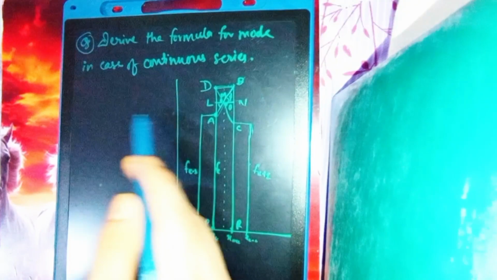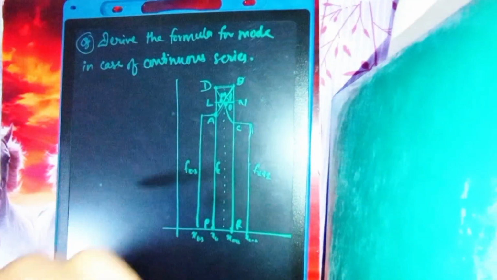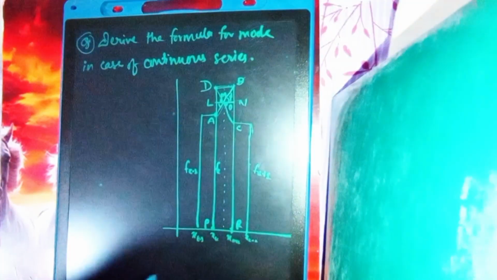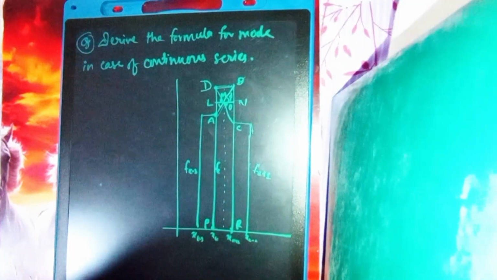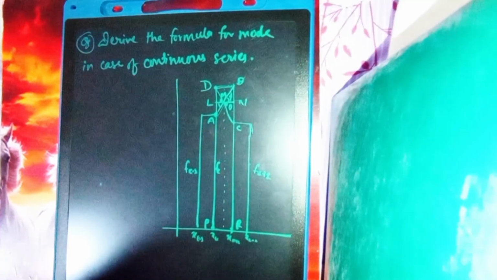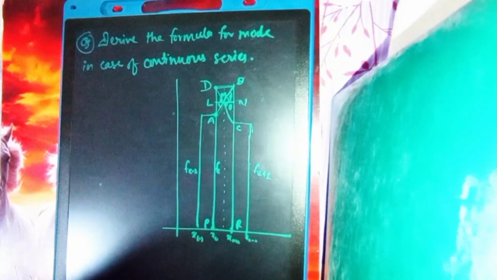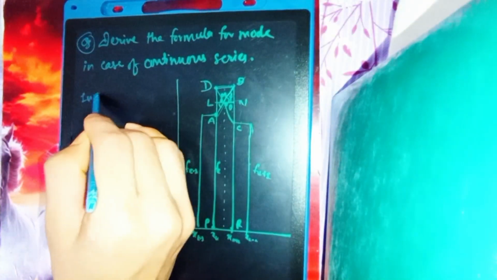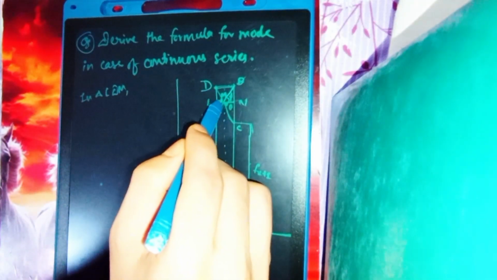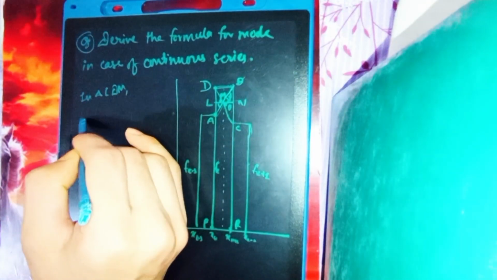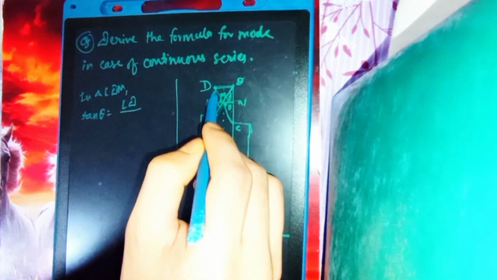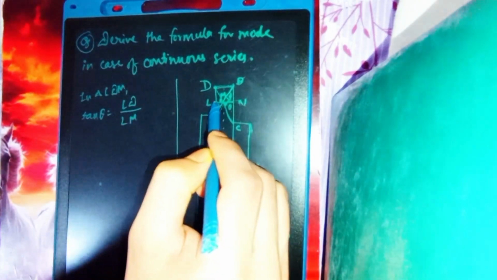Now we'll consider the following distribution: the modal class x_{k-1} to x_{k+1}, and the frequency f_k. Now in triangle LDM, this is the theory part, the angle here is theta, and if we take tan theta, that will be perpendicular upon base, that is LD upon LM, the base here.